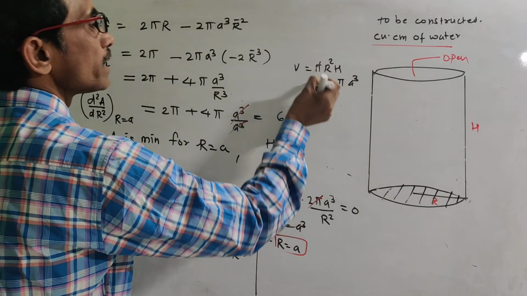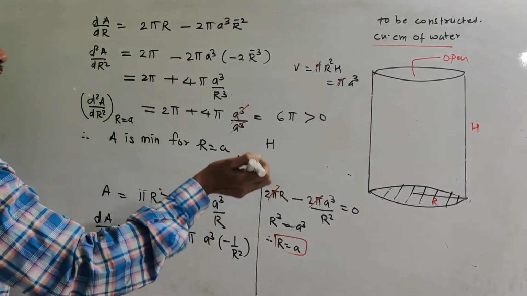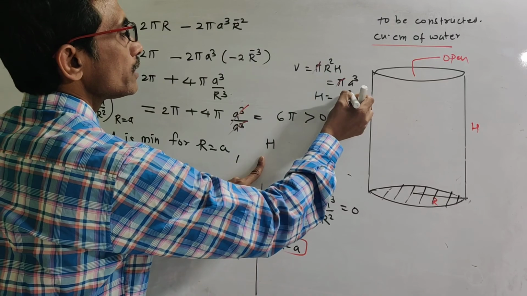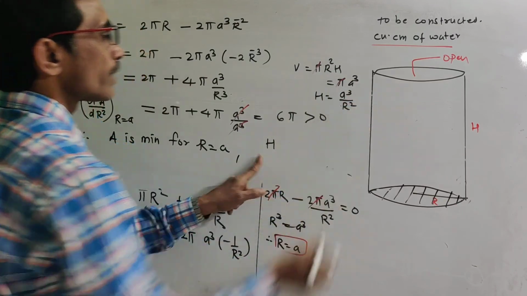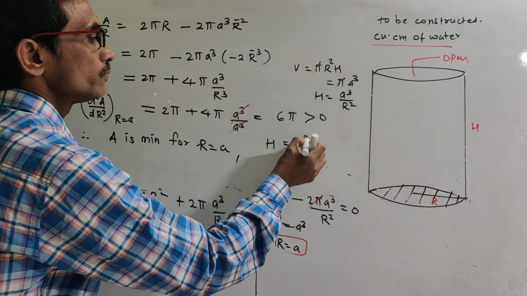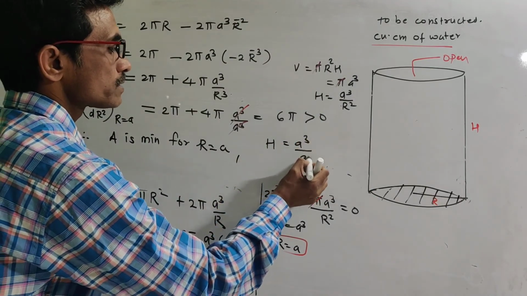From this pi is getting cancelled, and we have h equal to a cube upon r square, but r is equal to a, so a cube upon r square means a.